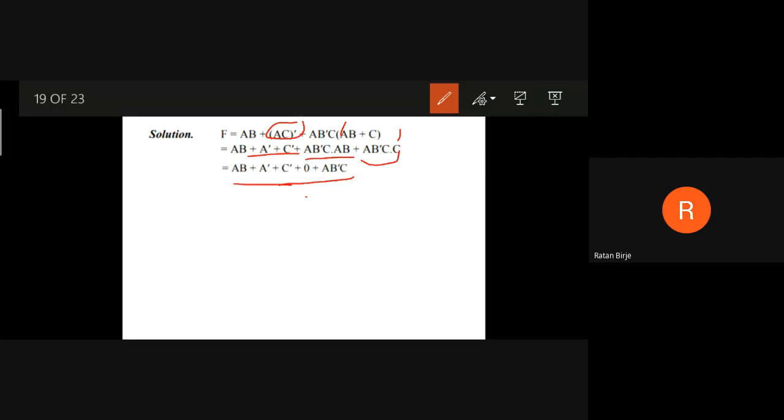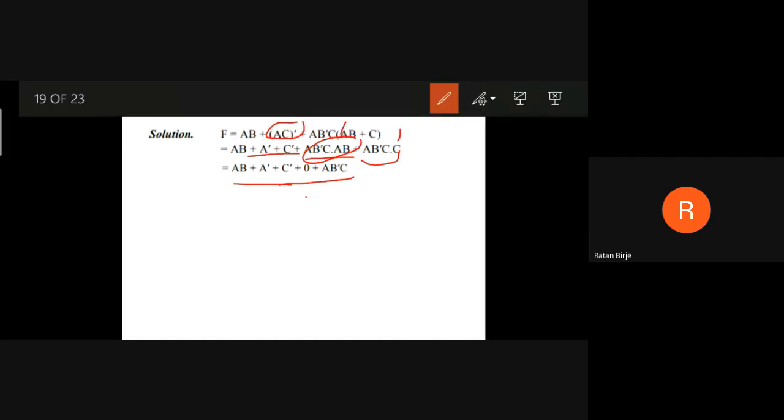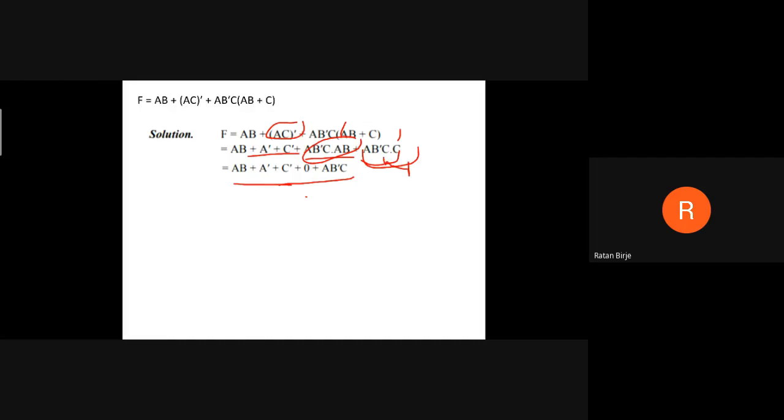Because B dot B bar is equal to 0. So this term is 0 because of B bar and B. And I have retained this term, right? Where again, absorption property is used. C gets absorbed in this. C dot C equal to C.